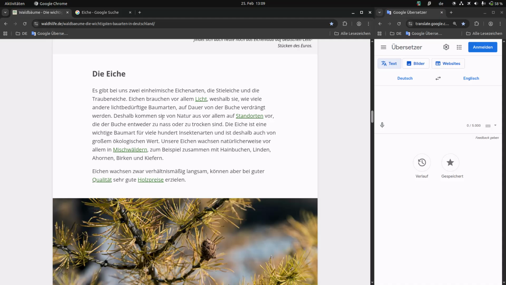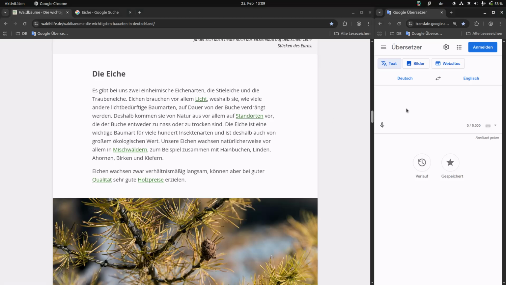Kommen, come; sie, they. Von Natur aus we had in a lot of previous episodes. It means by nature. Vor allem, above all. Auf Standorten, on locations.